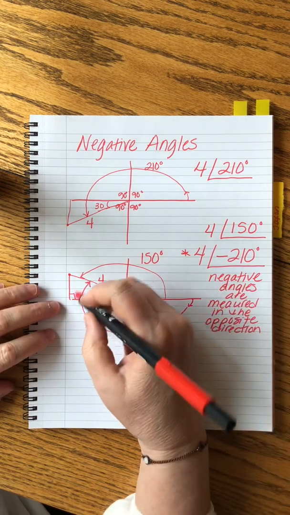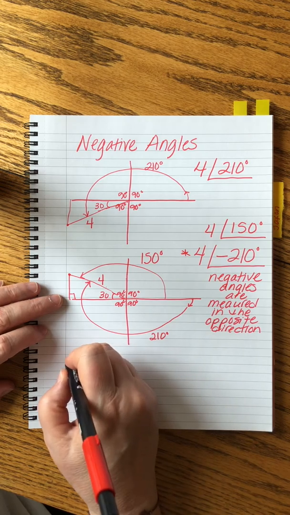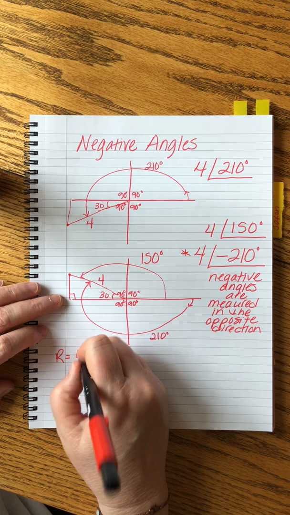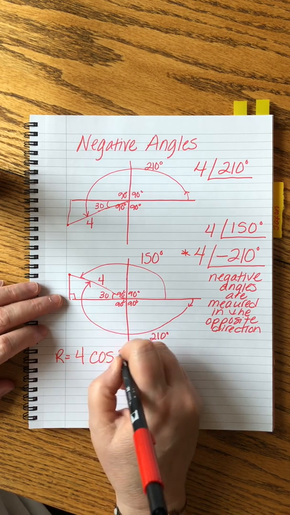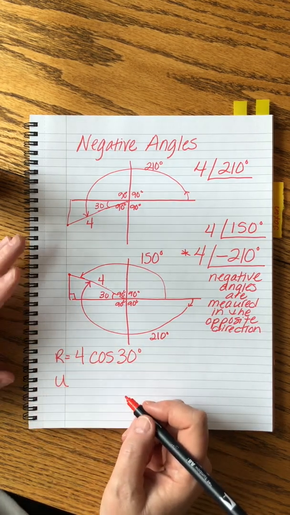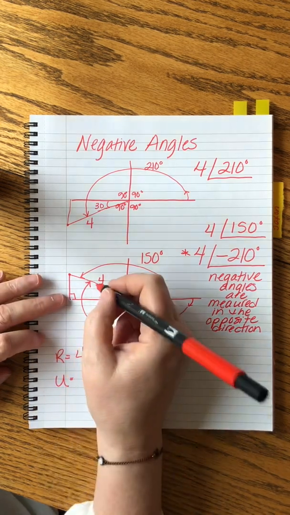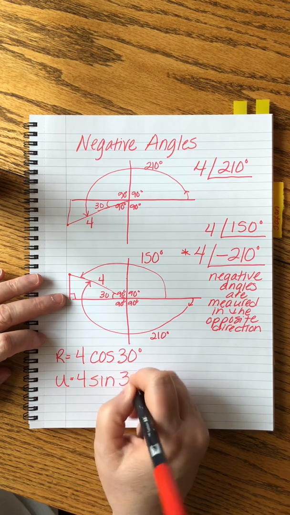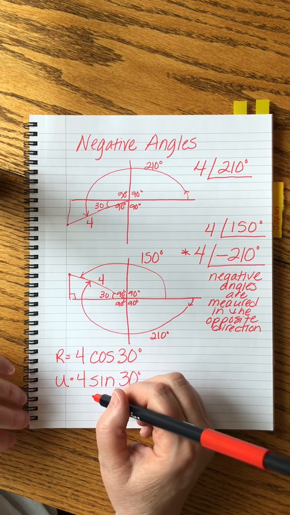So all we have to do is just use this to come up with our triangle here, and we know that the right value will equal 4, the hypotenuse, times the cosine of 30 degrees, and the up value, because we're changing this into rectangular coordinates, equals 4, the hypotenuse, times the sine of 30 degrees. We've done enough problems now that we know this is the pattern it's always going to create.